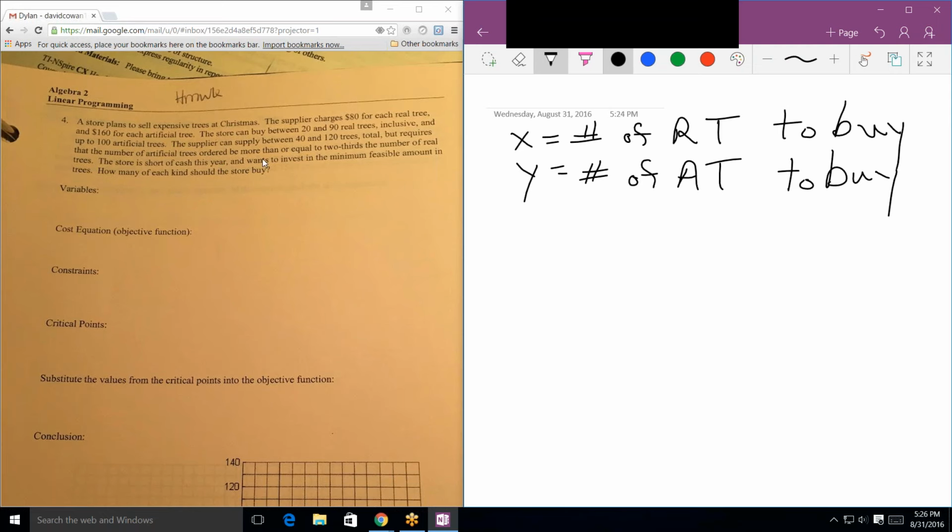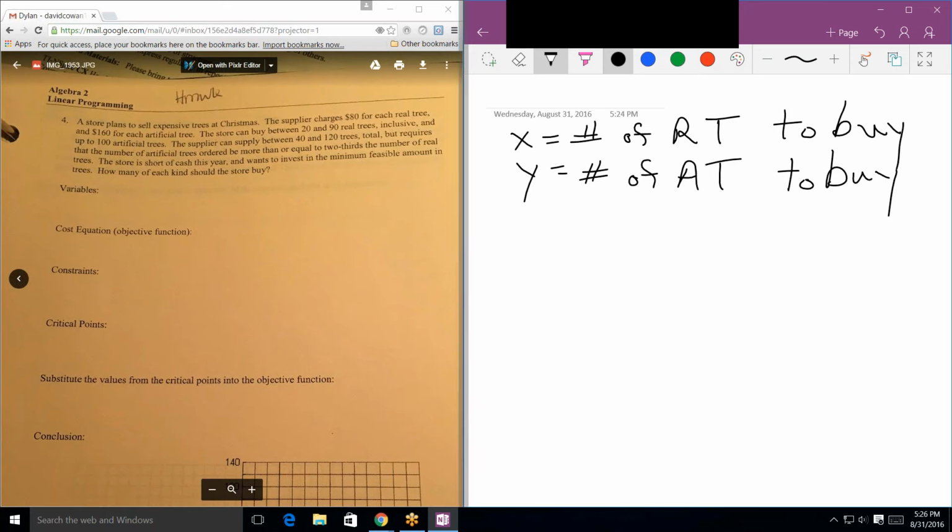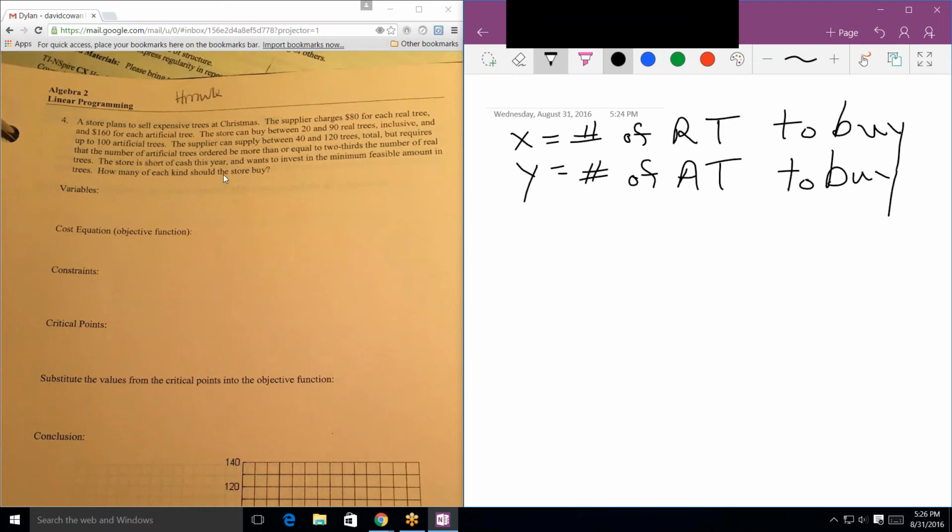Now let's go through some of these. What's going to be the cost function, which we would want to minimize? This is a little different problem. The last problem was we were trying to maximize profit, but this time he wants to minimize his investments.